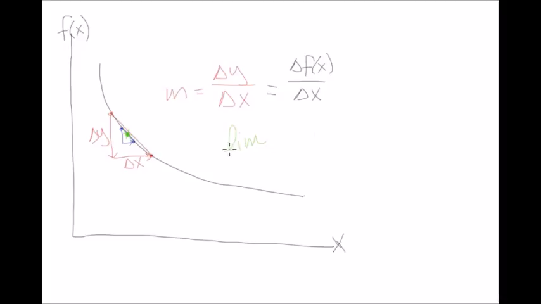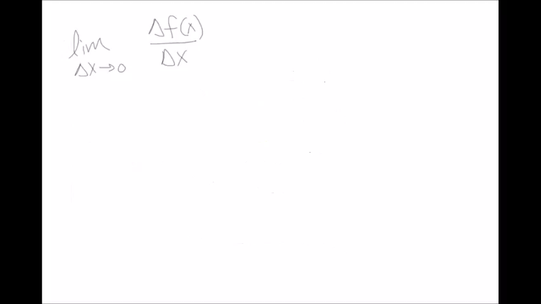So now the limit that you're taking is really a limit as delta x approaches 0 of that slope, change in f of x over change in x. Now this formulation matches pretty well what you've probably seen when you've seen the derivative written formally.